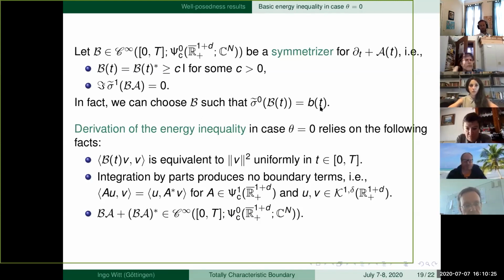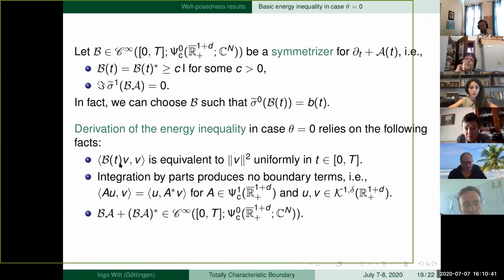And then we are in the standard framework of proving well-posedness of a Cauchy problem in full space. Here, these are the 3 things one needs.